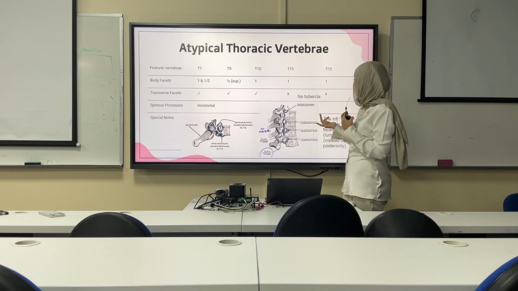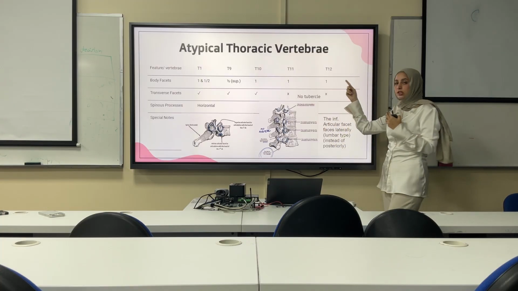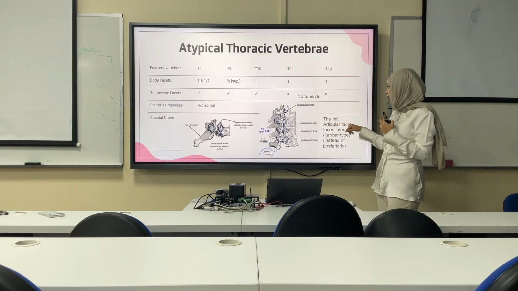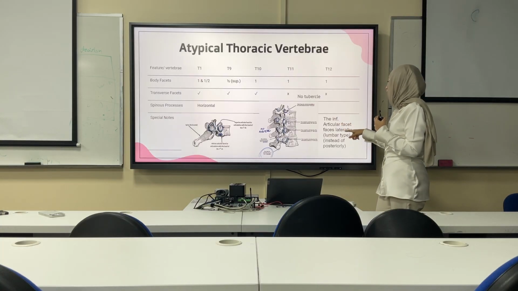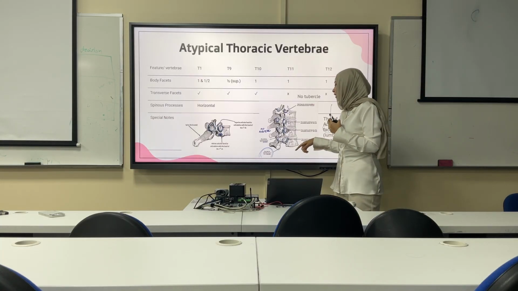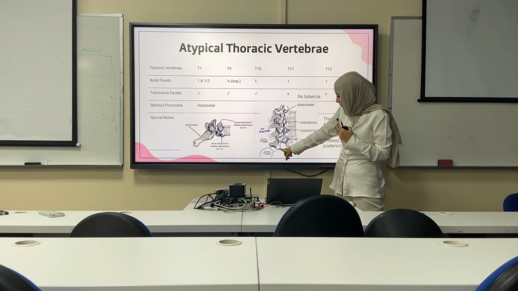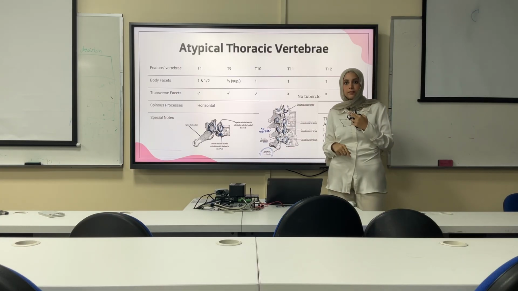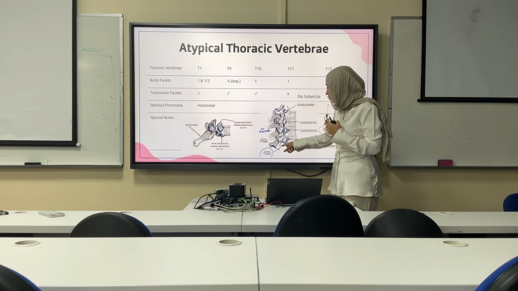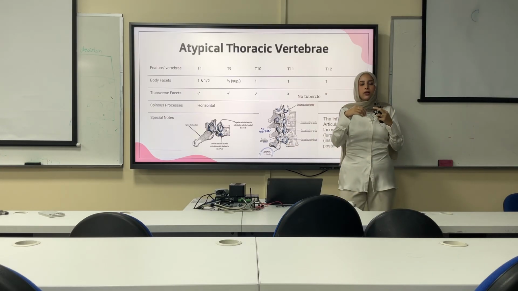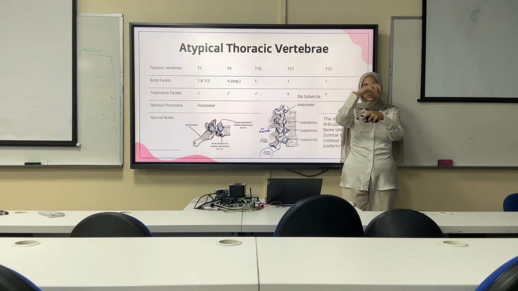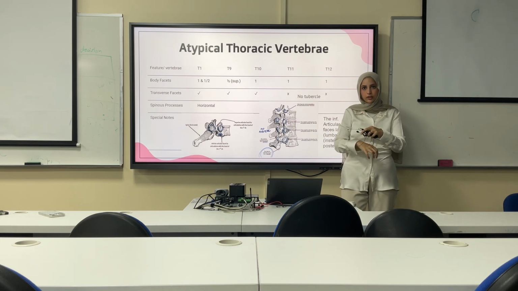And then special notes, only T12 I want to talk about: the inferior articular facet faces laterally, lumbar type, instead of posteriorly. You see this one, the inferior articular process. This is how the vertebrae are attached to each other.